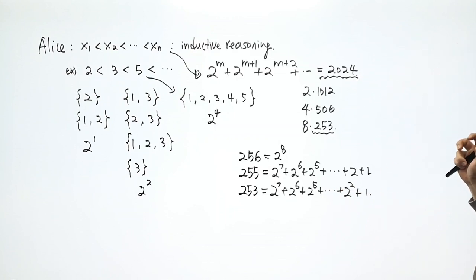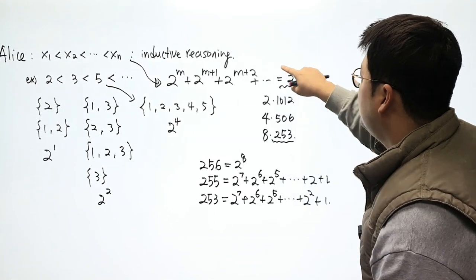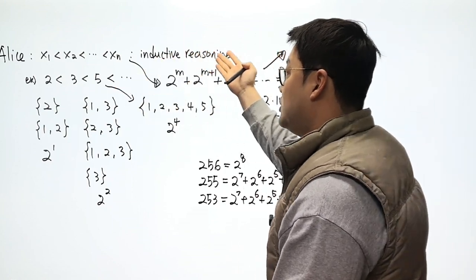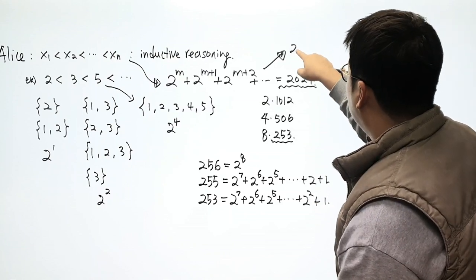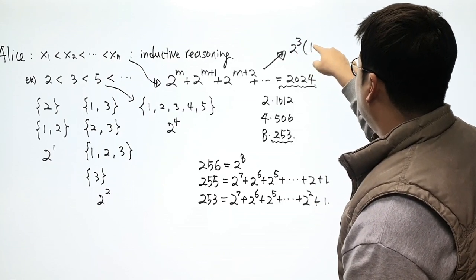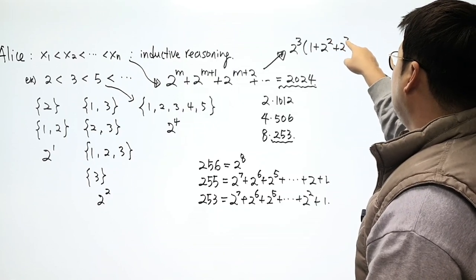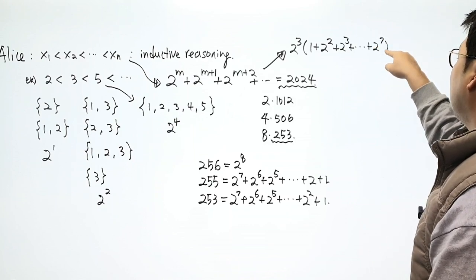Okay, so let's use this fact, right? Whatever we had here on x1 and x2 and all the way up to Alice's expressions, well, we got 2 to the power of 3 times 1 plus 2 to the power of 2 and 2 to the power of 3, and it keeps going up all the way to 2 to the power of 7.